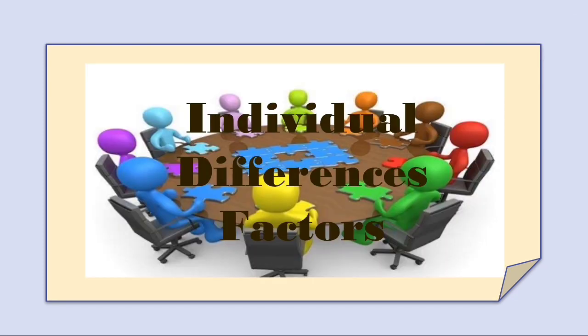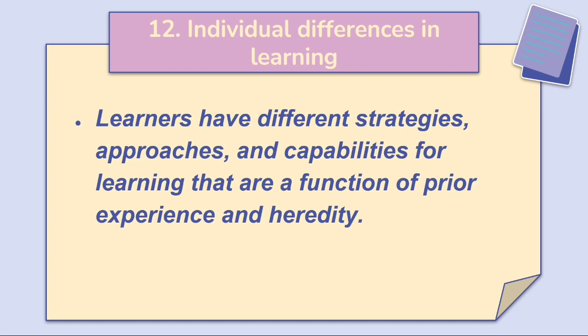Now let's move on to the individual differences factors and the number 12 principle, which is individual differences in learning. Learners have different strategies, approaches, and capabilities for learning that are a function of prior experience and heredity.